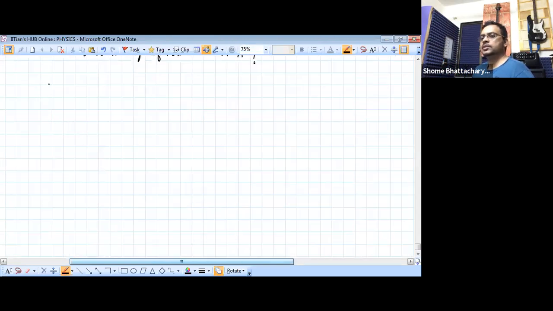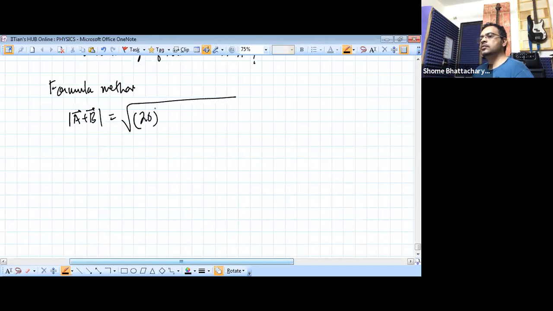So by the formula method, the magnitude of a plus b will become the root of a square plus b square, so that was 60 root 2, plus 2ab, so 2 into 20 into 60 root 2 cos theta.